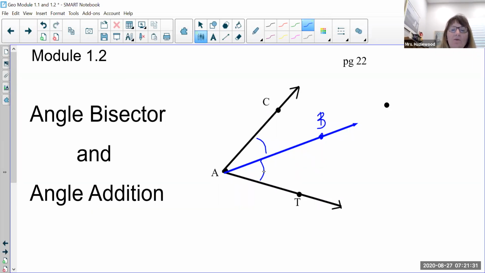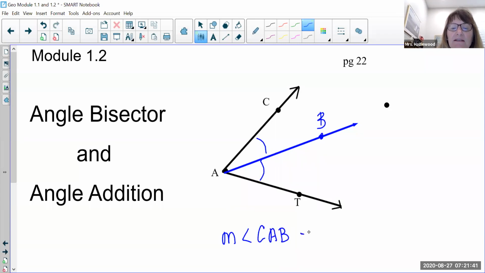So I know that the measure of angle CAB is equal to the measure of angle BAT. So that's what I know. That's what an angle bisector does.